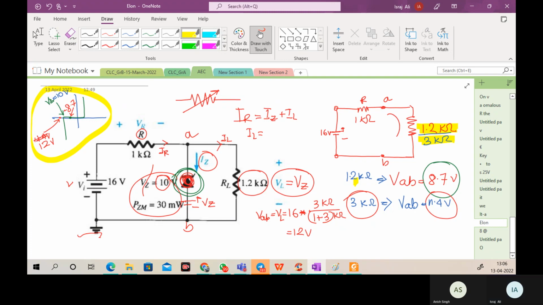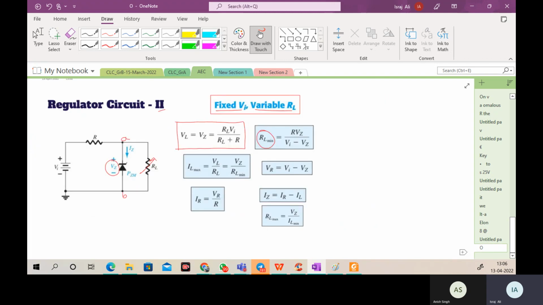So at what minimum resistance value will the diode be on? That is R minimum. What minimum resistance value is needed so that my diode will start conducting? Can you please tell me? I have another question. Which type of diode are we talking about?